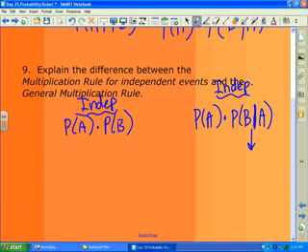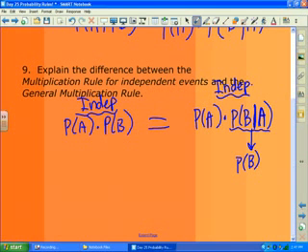By definition, if they are independent, then A doesn't matter. Great. Excellent. Therefore, this, in actuality, is just the probability of B because A didn't matter if they are independent. So what would happen then between those two? If they are truly independent, those two things would equal each other.